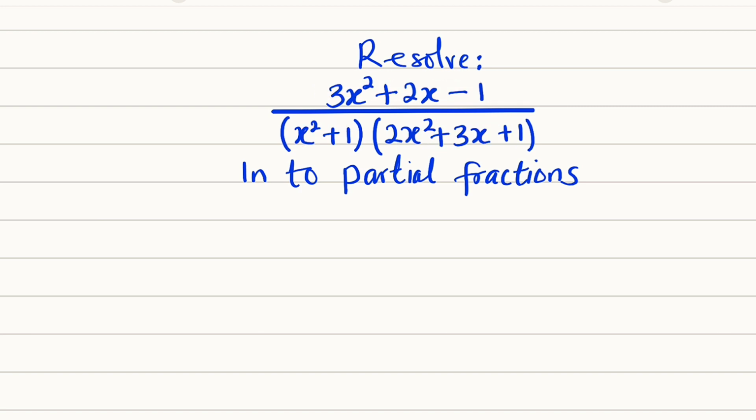Our numerator is 3x squared plus 2x minus 1. You can factorize it as x plus 1 multiplied by 3x minus 1.